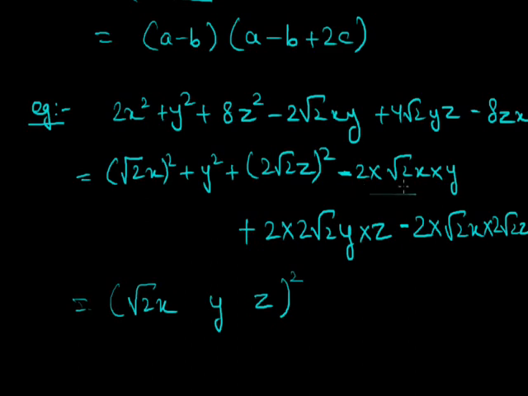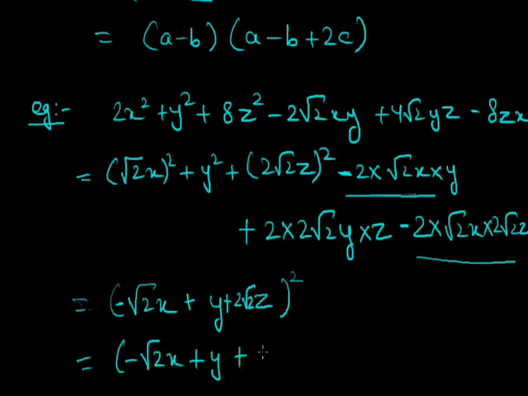Among these two negative terms, the common part is root 2 x. So we need to apply the negative sign in front of root 2 x, and in front of y and 2 root 2 z we need to apply plus sign. So this is minus root 2 x plus y plus 2 root 2 z, whole square.